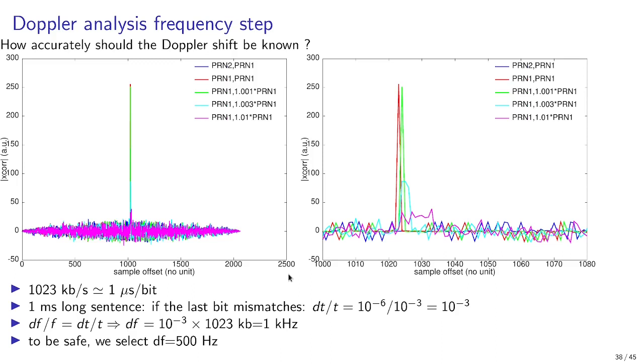What is the frequency step? The frequency step is determined by the duration of the message. The message is 1 millisecond long, so we must accumulate energy over this 1 millisecond. If we want the phase rotation to be negligible over 1 millisecond, we must identify the frequency with better than 1 kilohertz.